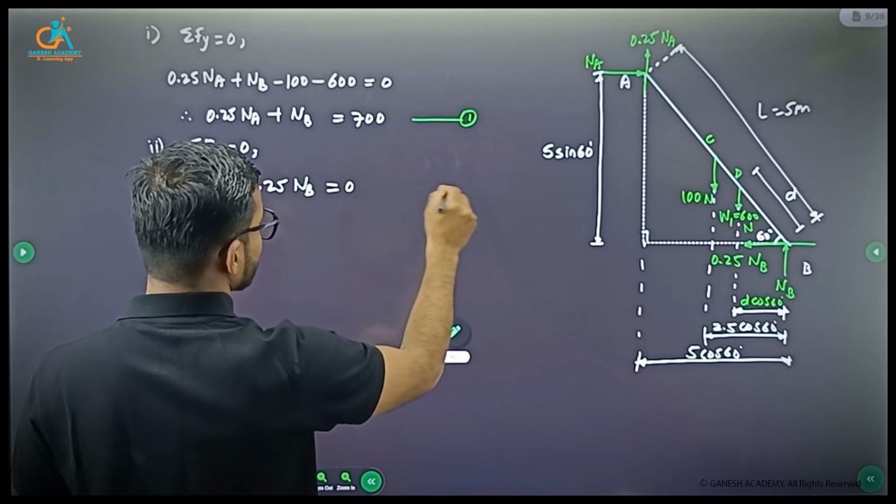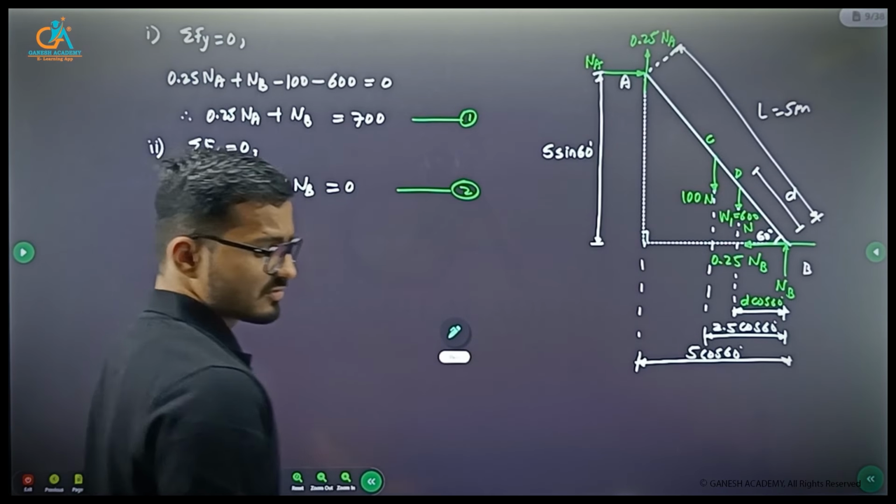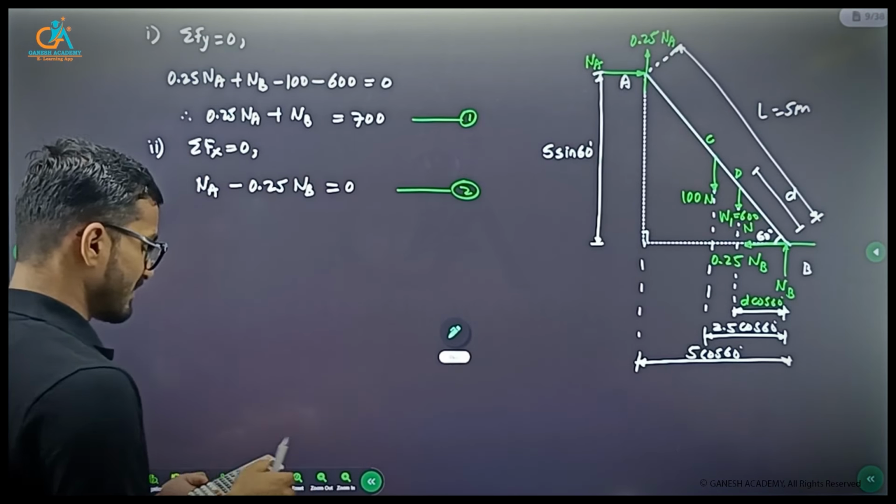Now we have two equations in terms of Na and NB. We can solve those for value of Na and NB simultaneously.